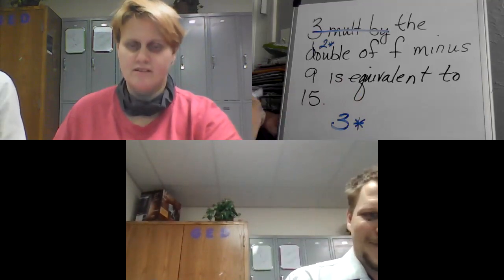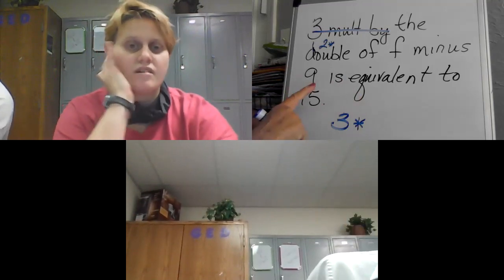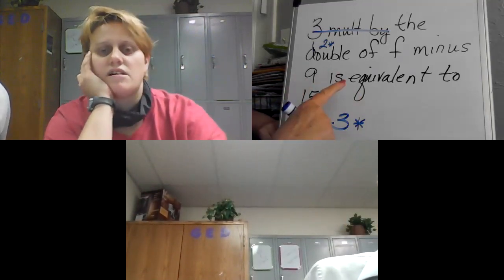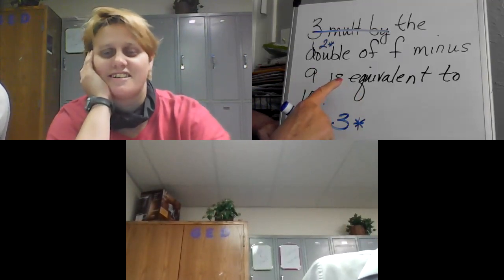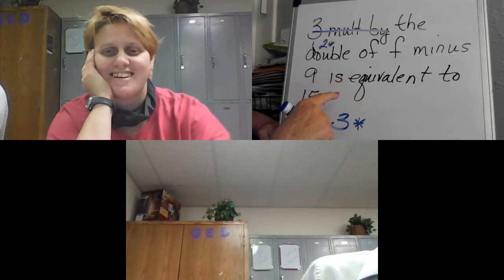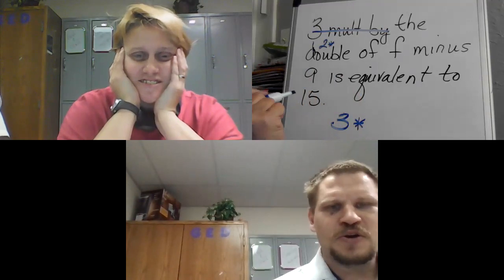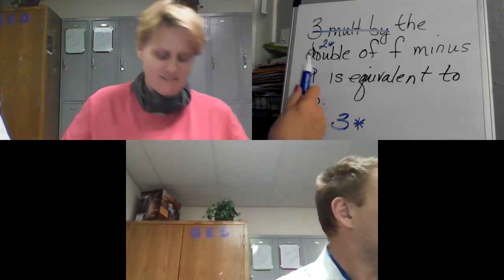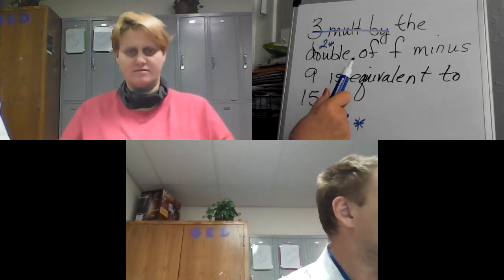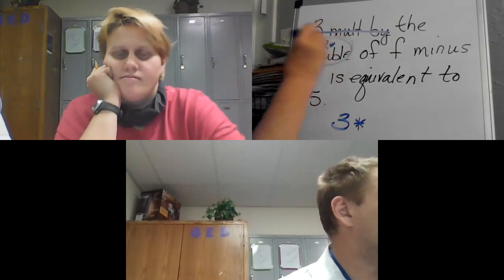By the double of, this could be interpreted several ways. By the double of F. See, that's what I was having problems with. Would you put a great big star by that? Because what I've got to look at, this could be written several different ways. The double means 2 times. Okay, that's true.